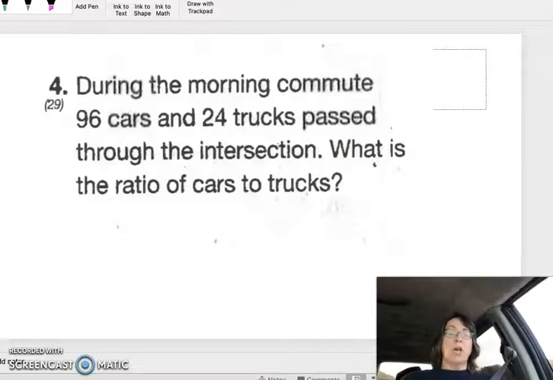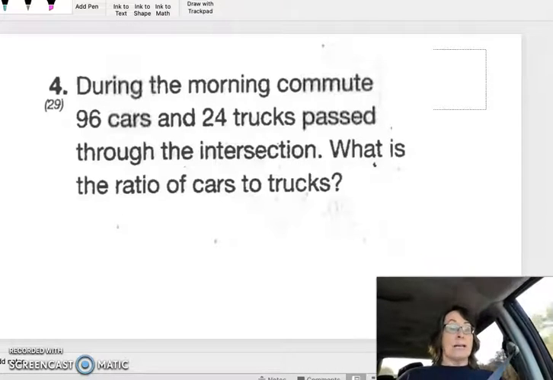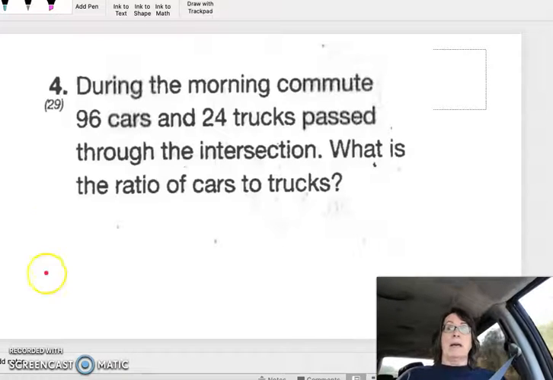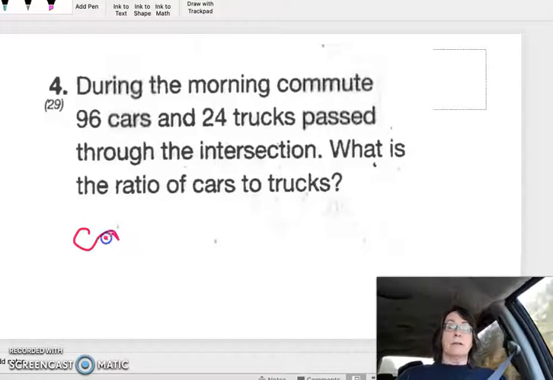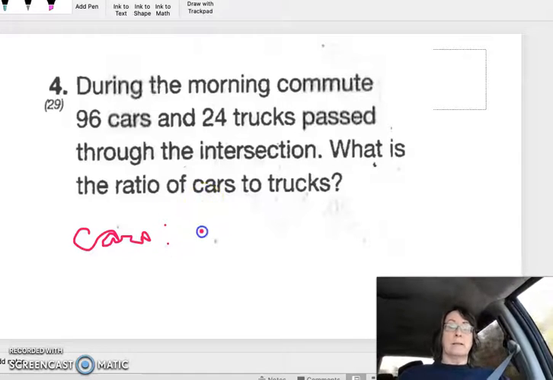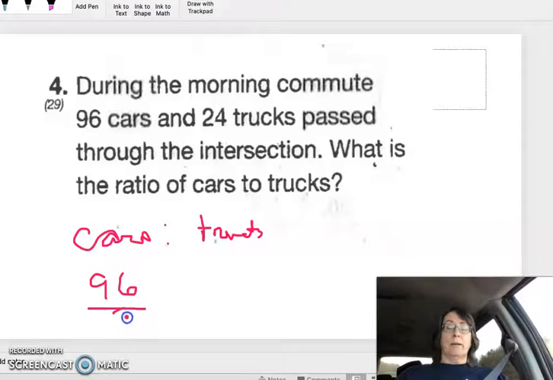Number 4. During the morning commute, 96 cars and 24 trucks passed through the intersection. What was the ratio of cars to trucks? Okay, so we're doing cars to trucks, which might be easiest to look at as cars, 96, over trucks, 24.